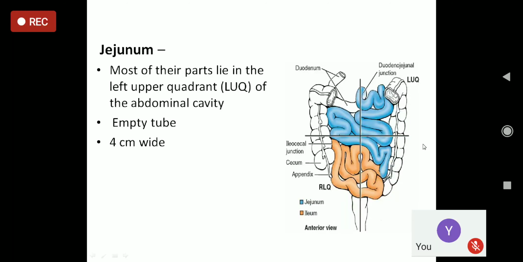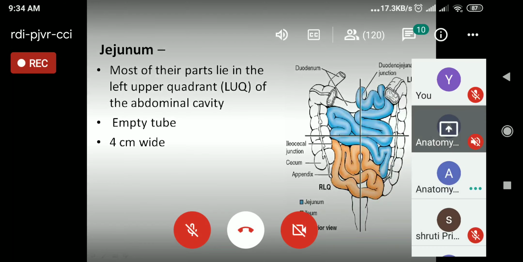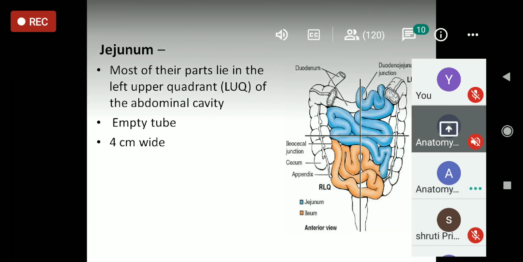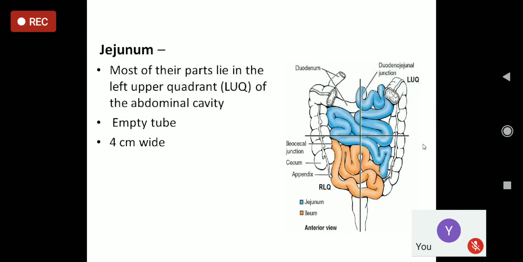You have already finished the anterior abdominal wall, isn't it? Who is there? How is the abdomen divided into 4 quadrants?